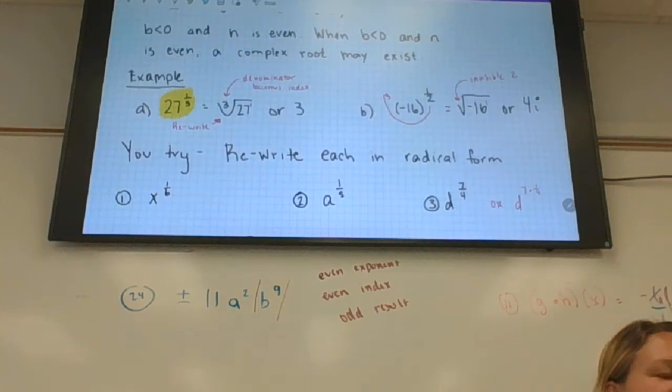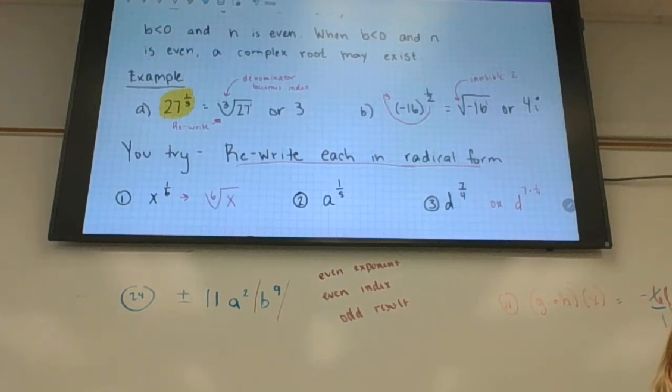Alexis, how would you rewrite number 1 in a radical? The 6th root of x. So number 2, the 5th root of a. Number 3, this is what Torian just asked.